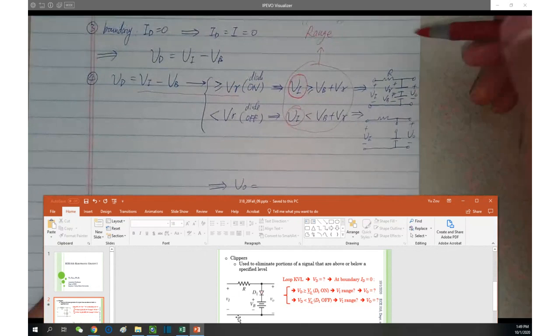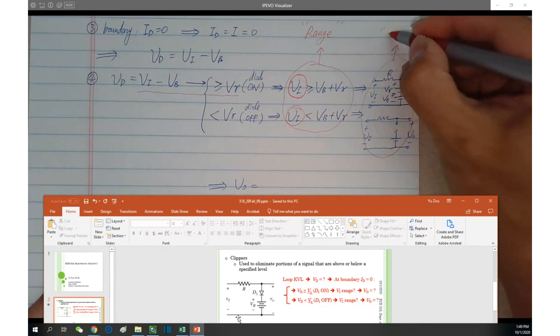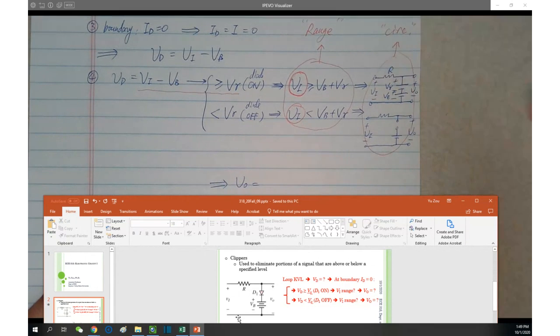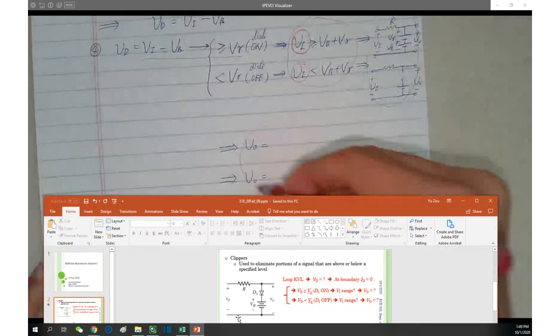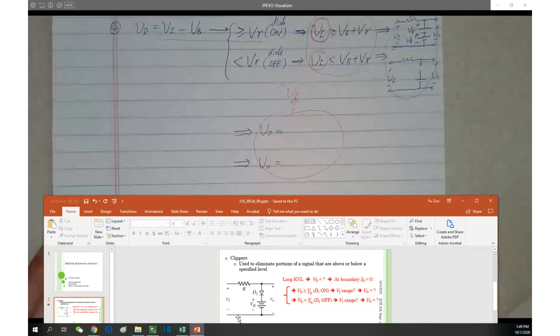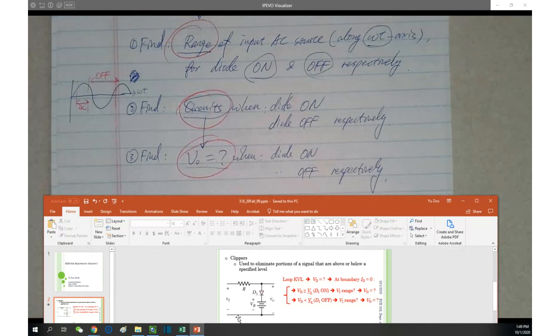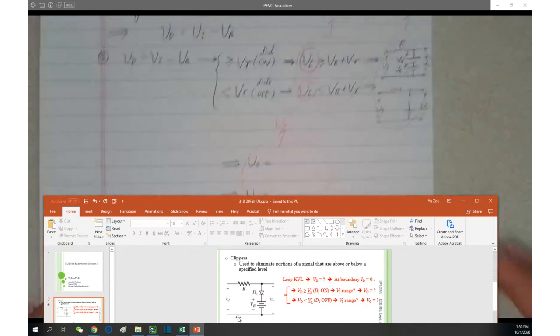Remember three things: range, circuit, and what? V naught. Remember the basic idea we just talked about? Range, circuit, V naught, right? Here, range, circuit, V naught.